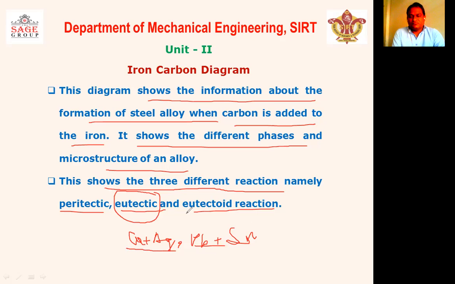But for the eutectoid reaction and peritectic reaction, we are going to consider the alloy of iron and carbon. In copper and silver and lead and tin, reactions like peritectic and eutectoid do not exist. These reactions exist in the alloy of iron and carbon.